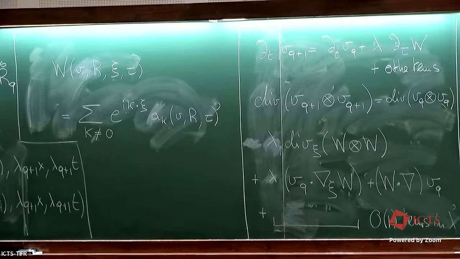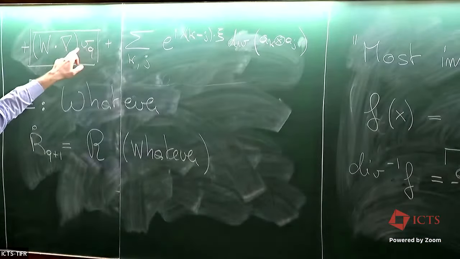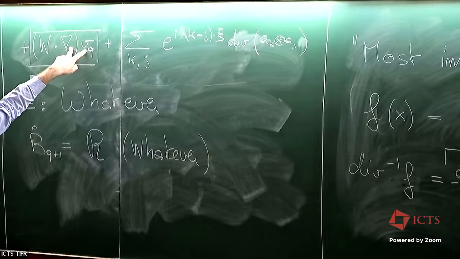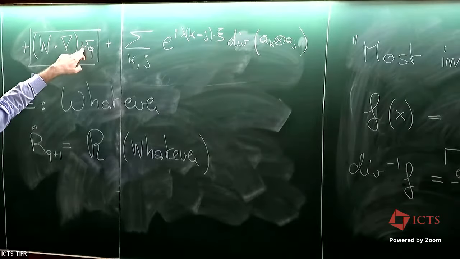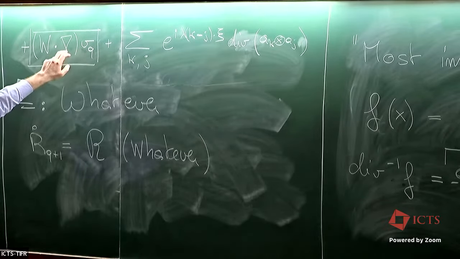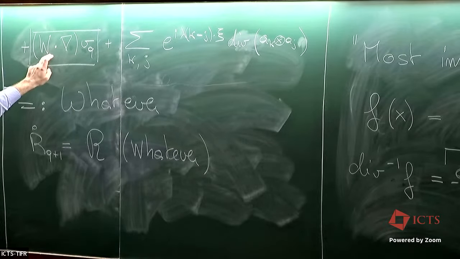Actually, no, because I'm going to invert the operator, so I'm going to gain a -1 derivative. So it has one derivative in VQ, but then I invert the operator. So it's of order 0 in VQ, which would be even too good. Let's say it has the derivative in here, but then it has the inverse operator that I hope to be able to hit on this guy, okay? So it should be smaller. It should kind of go like 1 over lambda.